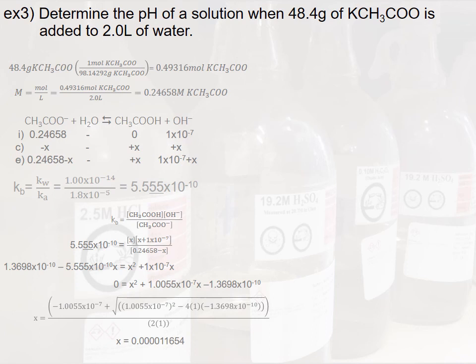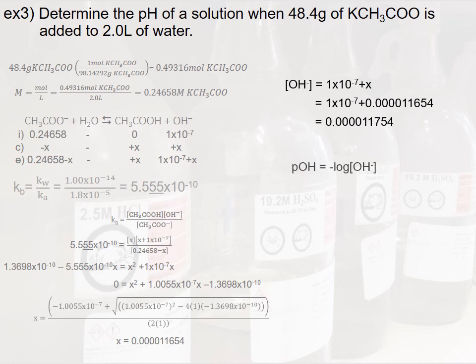Now to find the pH. So we know that the OH minus concentration is 1 times 10 to the negative 7 plus x, which then gives us 0.000011754. pOH equals negative log of the OH minus, so I will substitute in the hydroxide concentration I have found, and that gives me a pOH of 4.93.